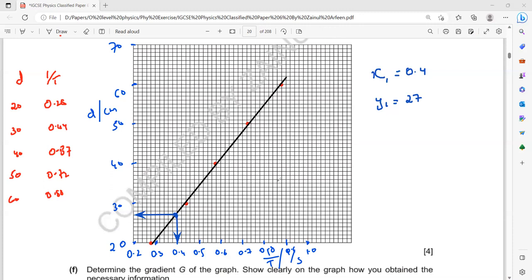Same thing, take any other point. So we'll take a second point.